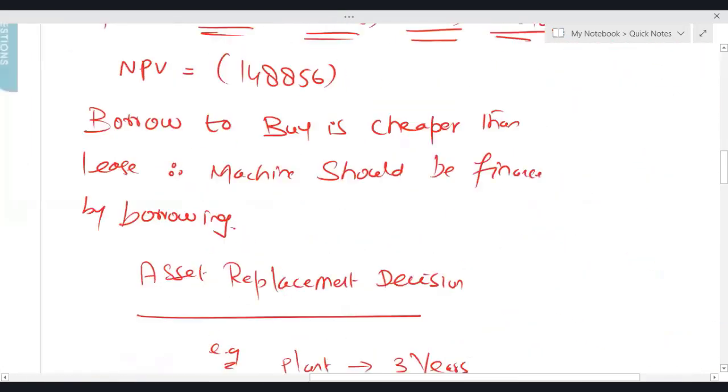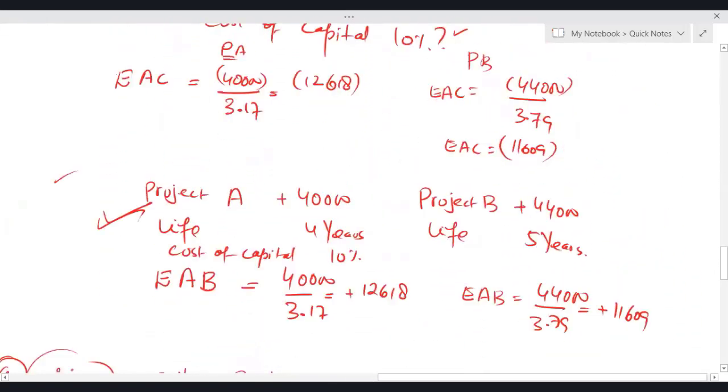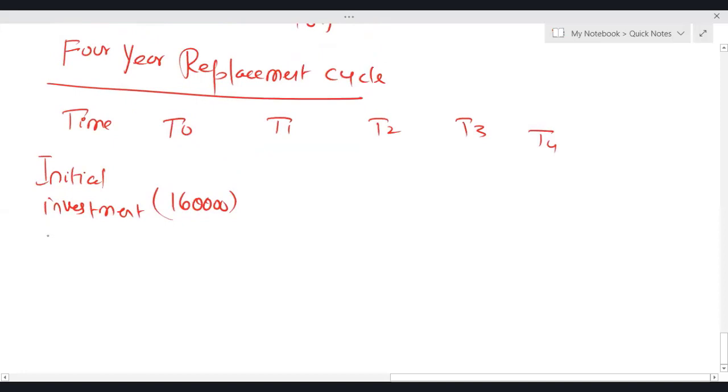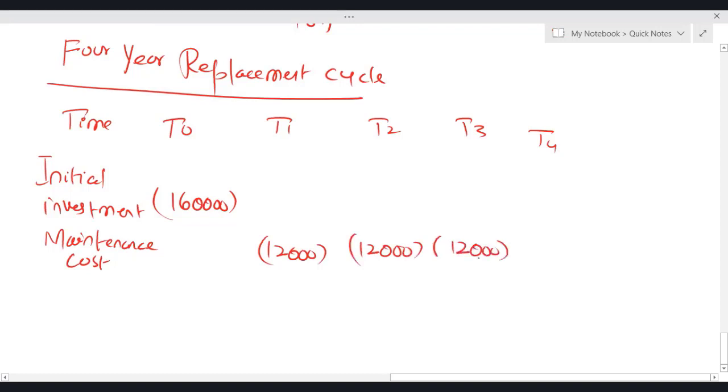So now the maintenance will be 12. RV will be 11. Maintenance cost is 12. Residual value was 11.